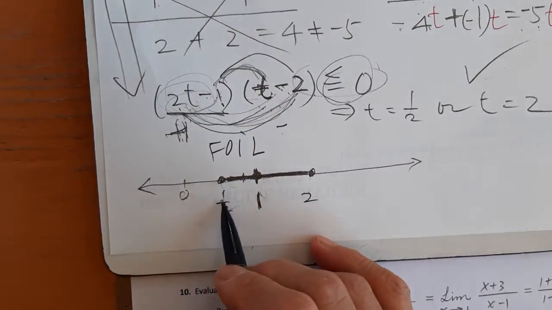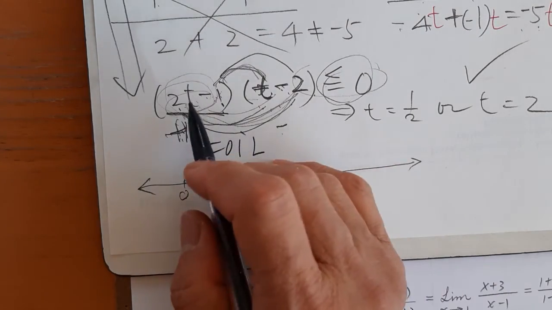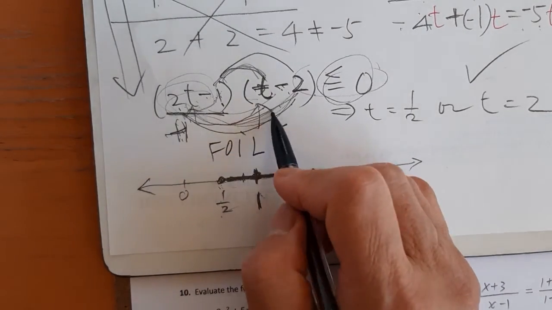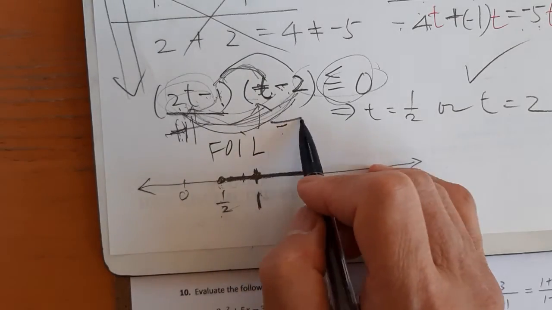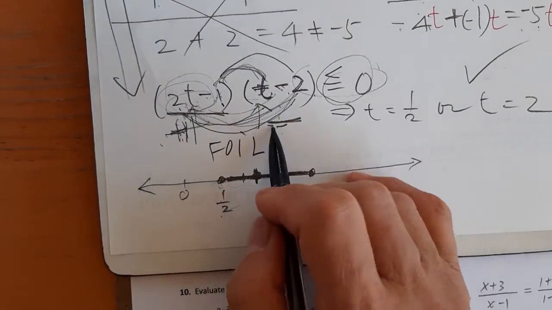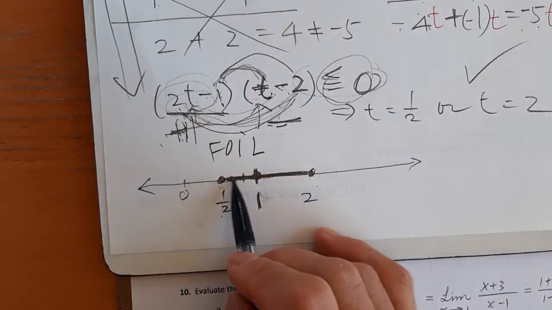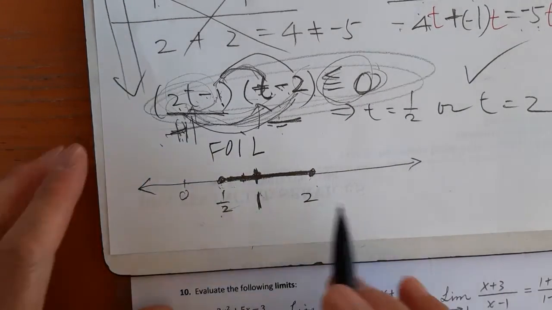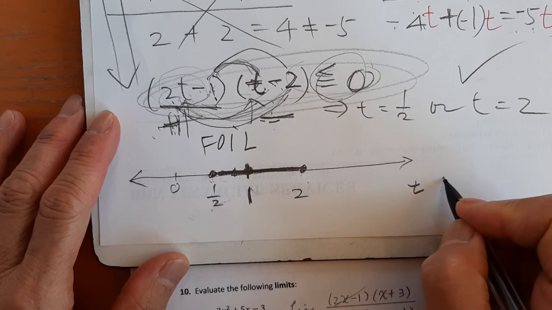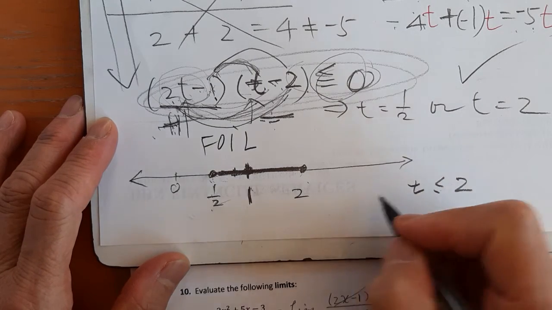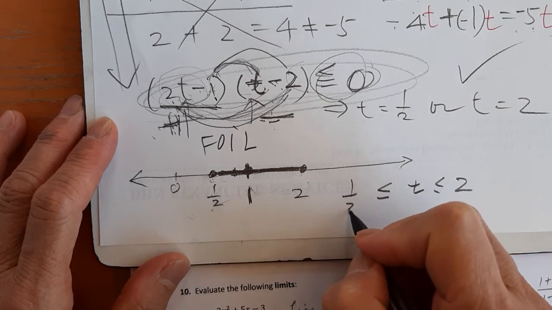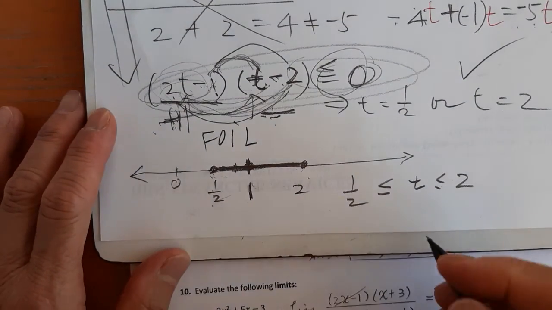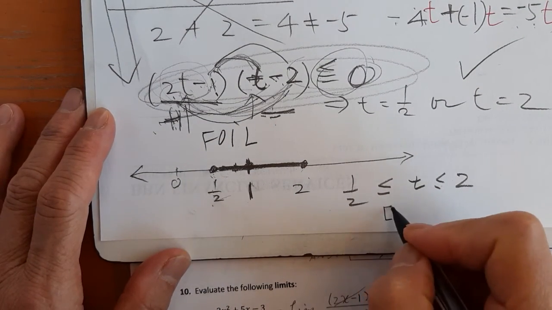So any number between 1/2 and 2, plug it in, makes one factor positive and the other factor negative, multiplied together is less than 0. That is the solution that satisfies this inequality. So t should be greater than or equal to 1/2 and less than or equal to 2. If you write interval notation, you will use brackets.